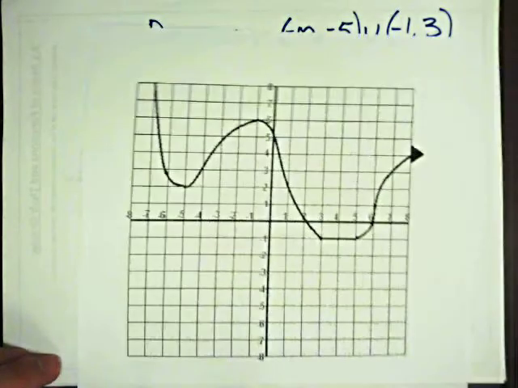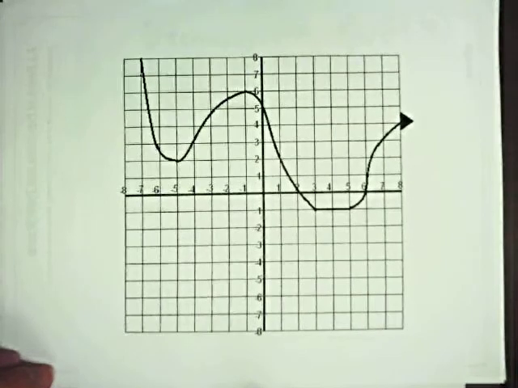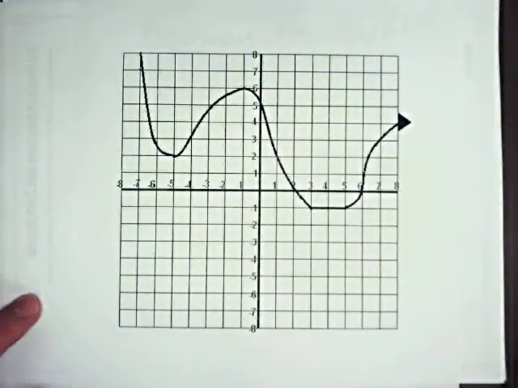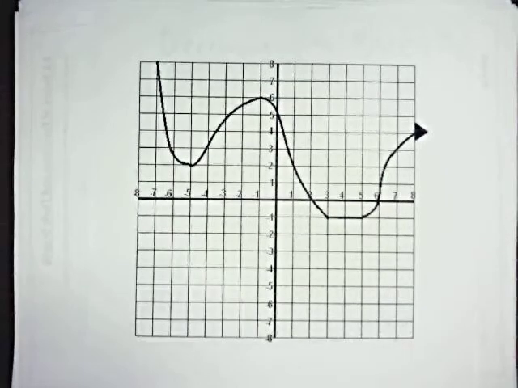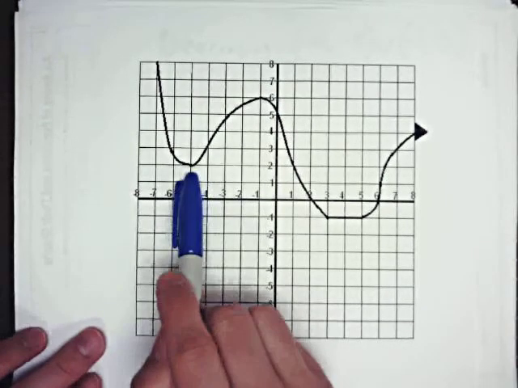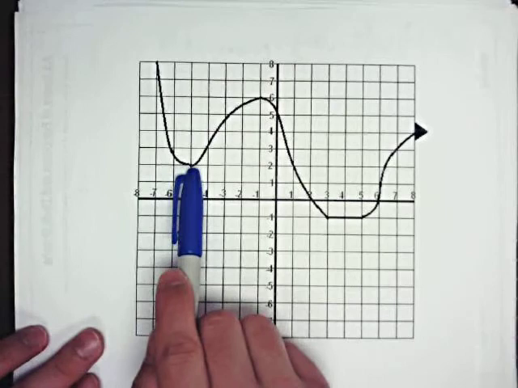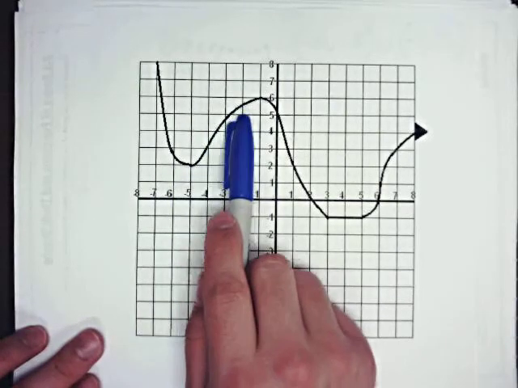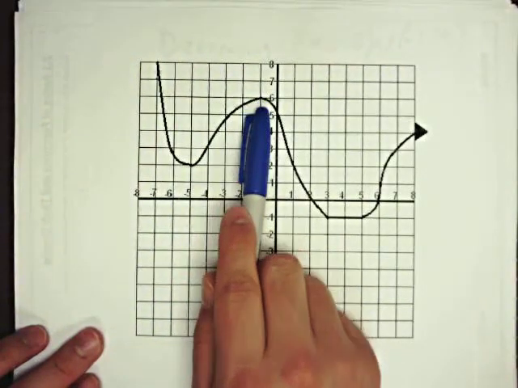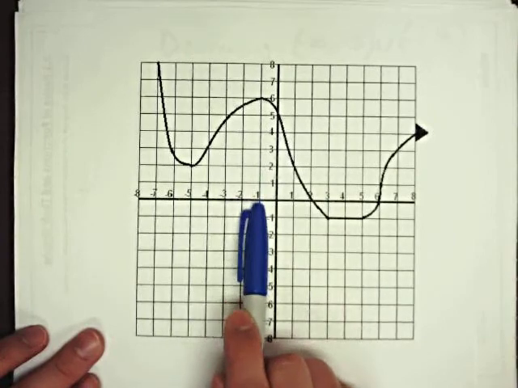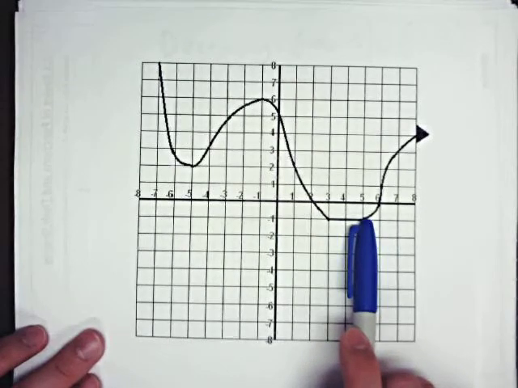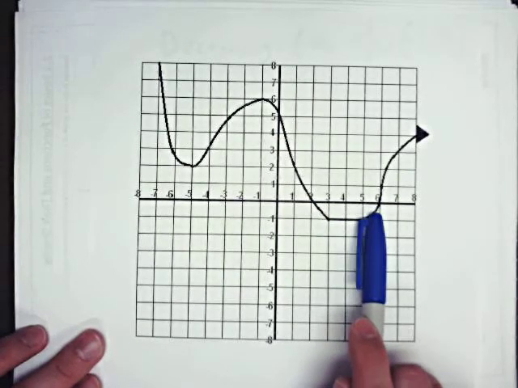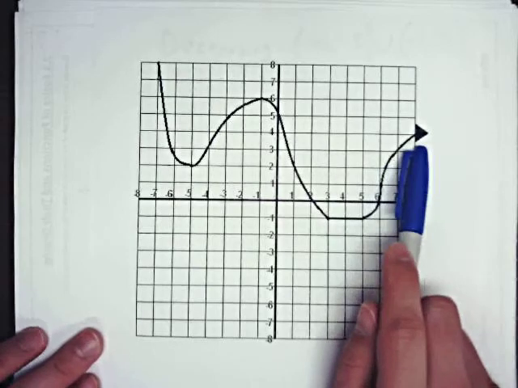Looking at our graph again, where are the intervals where we are increasing? Okay, so if we look for the uphills, starting at negative 5 for x, we have an uphill to here at x equals negative 1. And then we have another uphill here, starting at x equals 5, and that one continues on forever.